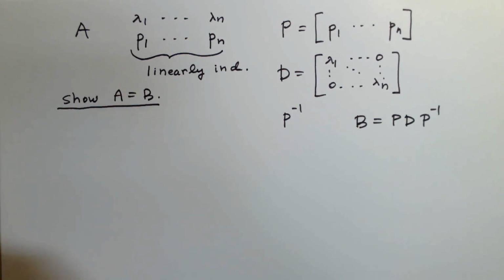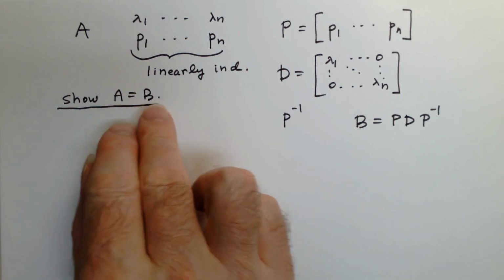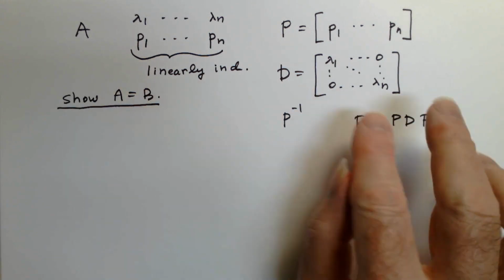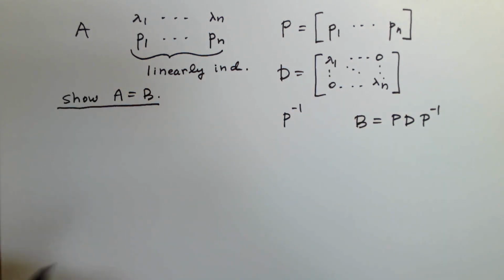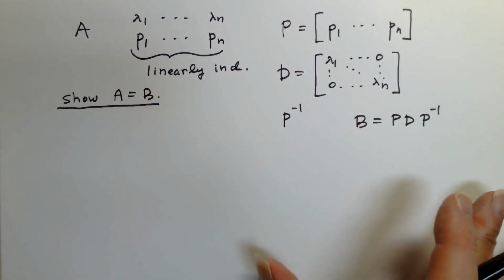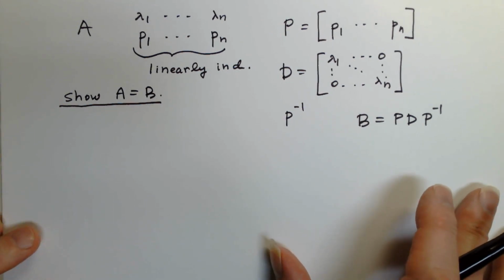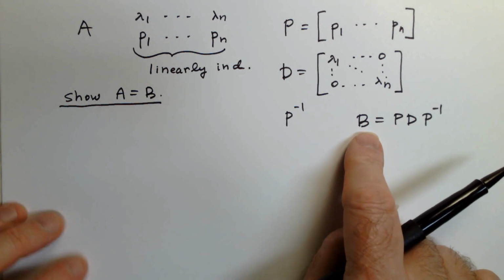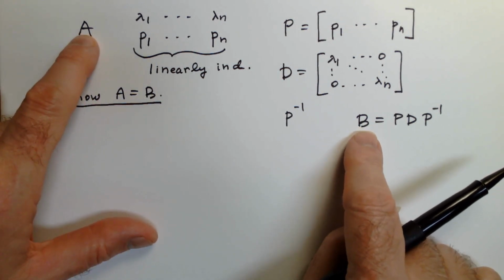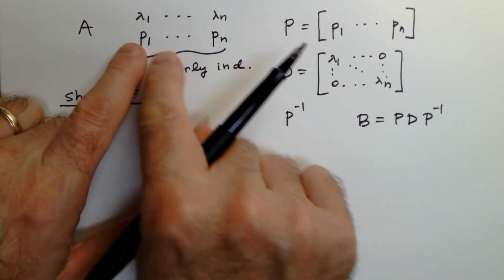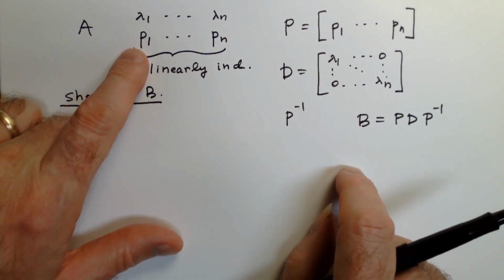We need to show that this equivalence between these two matrices will force A to be equal to P times D times P inverse. Now here's the crucial observation that we have to make. We have to put two things together in order to get there. The first thing we need to understand is that A and B agree on every one of these eigenvectors, P1 through Pn.